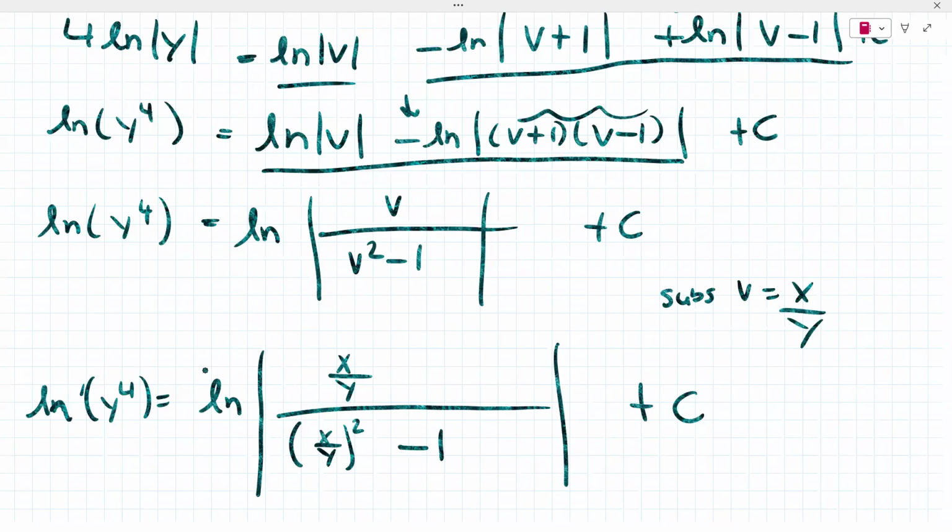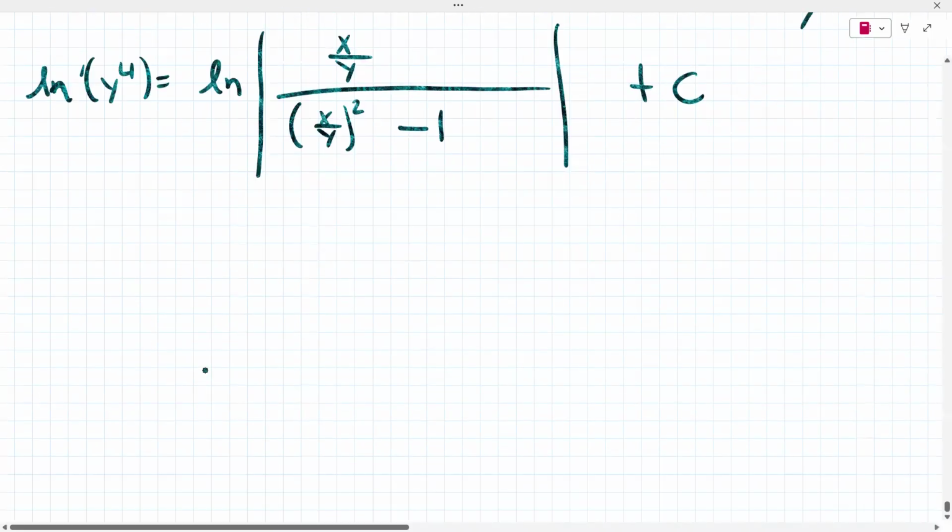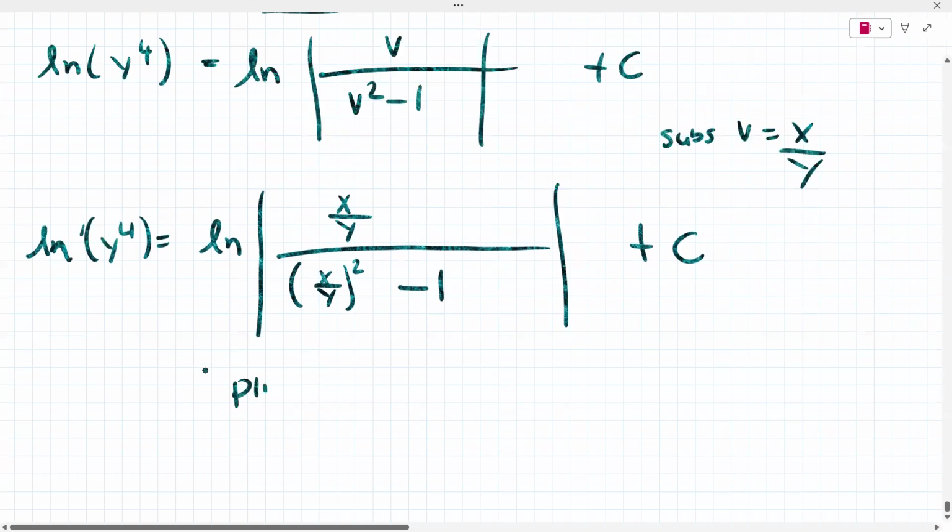Then you've got to plug in your initial value. What was our initial value? Our initial value was y(2) equals 1, or 2 comma 1.